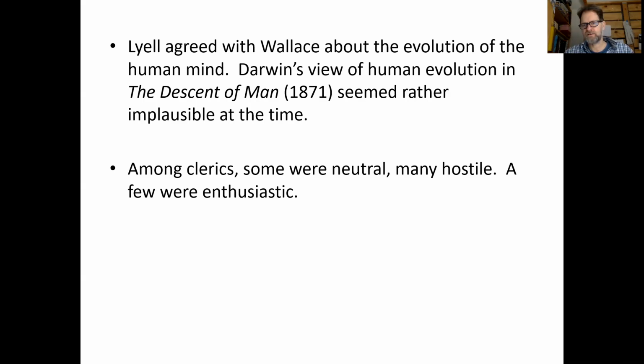You might think, looking at the landscape today, particularly evangelical Christians that are opposed to evolution generally, that they would have all been against Darwin. But at that time, it was rather different. Generally speaking, clerics didn't have any opposition to evolution as such, because they could imagine that evolution was guided by God. They didn't really have a problem with the millions of years or anything like that.